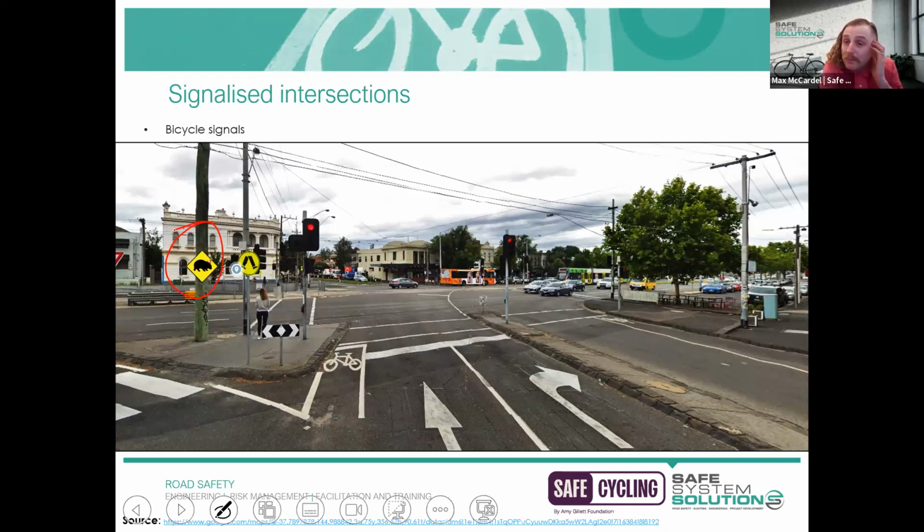And I wanted to talk about the bicycle signals of this particular intersection. So we've got, right on the edge here, just an additional panel that has been installed, which has the green bicycle signal. And that has been installed so cyclists get the first run at the intersection.